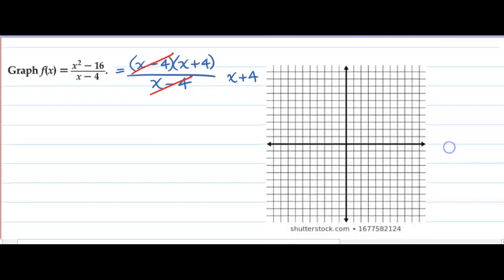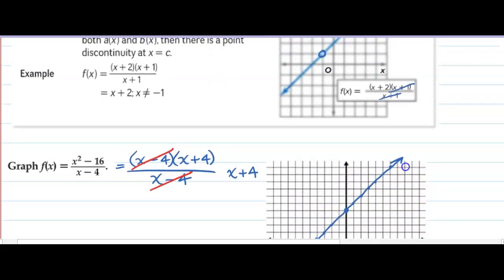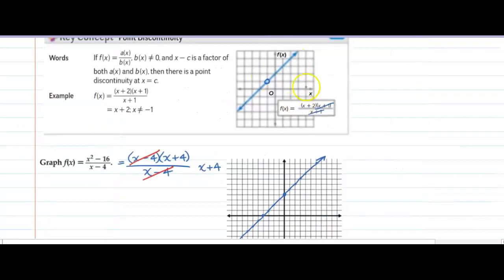So to graph this function, all I have to do is graph the line x plus 4, begin at 4, up. Graph that linear function. Takes us all the way back to algebra 1. Connect this line. But there's going to be a point of discontinuity, just like in our example here.